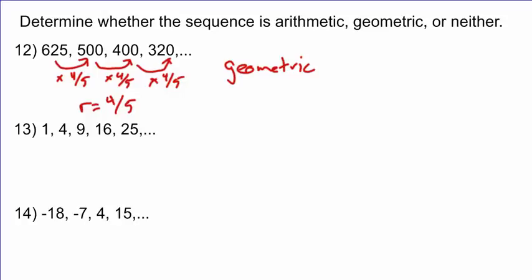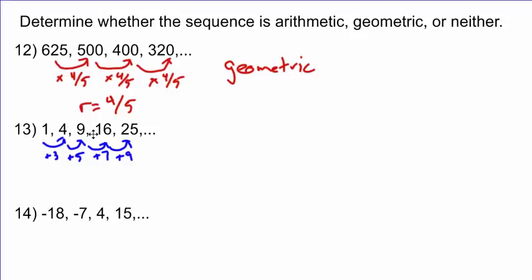Okay, let's look at our next sequence, number 13: 1, 4, 9, 16, and 25. You've probably seen this sequence of numbers before. But what you see here is the common difference doesn't exist. That's plus 3. That's plus 5. We've already kind of figured it out. There's not enough there. This is not arithmetic. It's not actually geometric either. If you look at it that way, 1 to 4 is times 4.